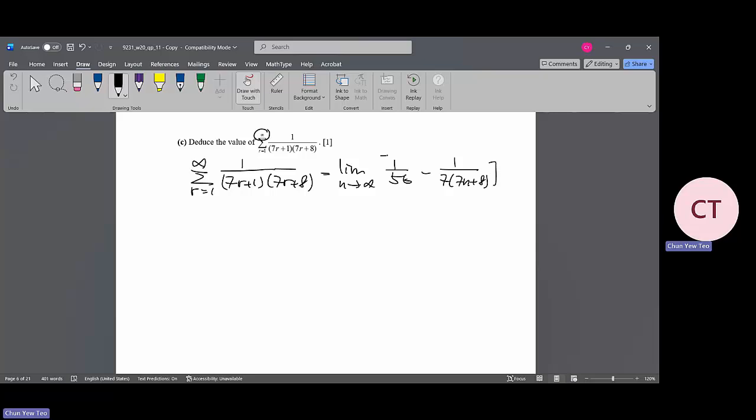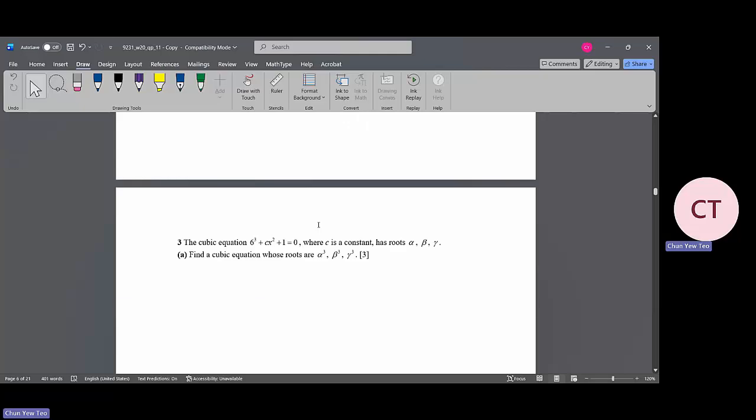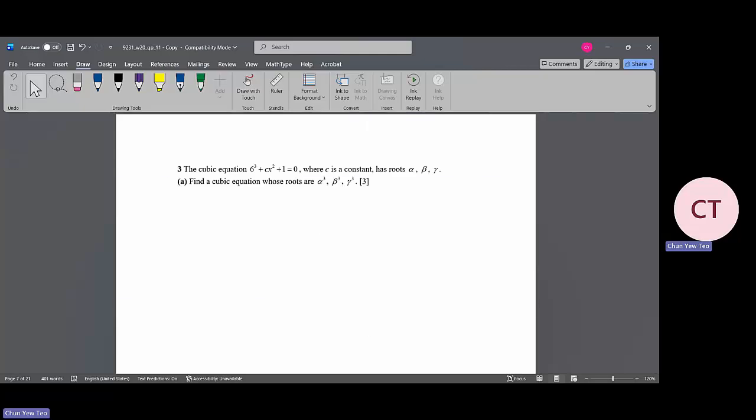Then when n approaches infinity, you get 1/56. Done. This is the answer for number 2. Move on. We have question number 3.